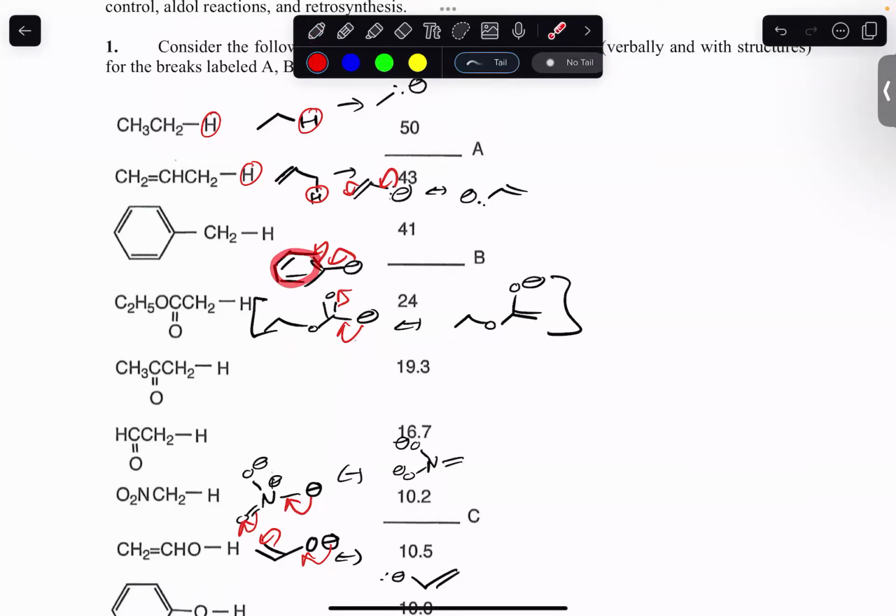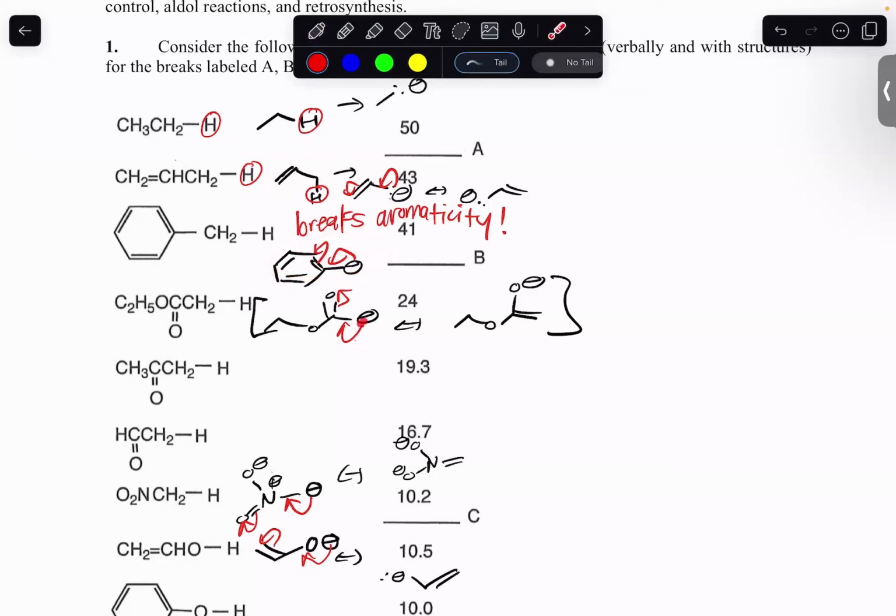When we do resonance, we are going to have four structures breaking the aromaticity, which is not stable because we want to keep the aromaticity. It breaks aromaticity, which is not good, which is why this is not stable, which is why this is at higher pKa.